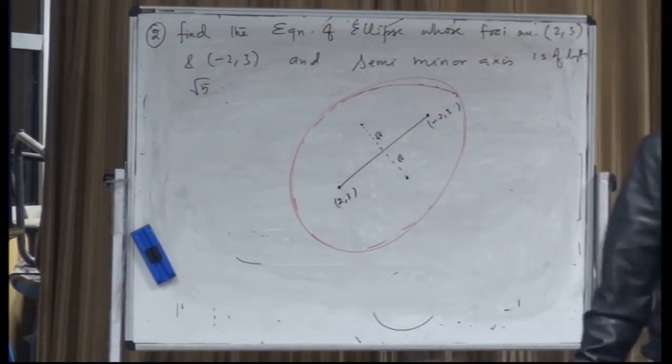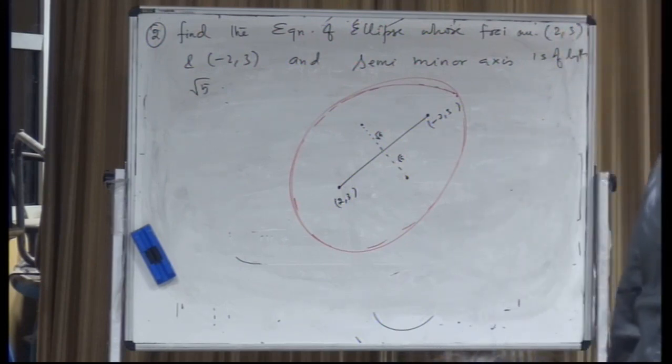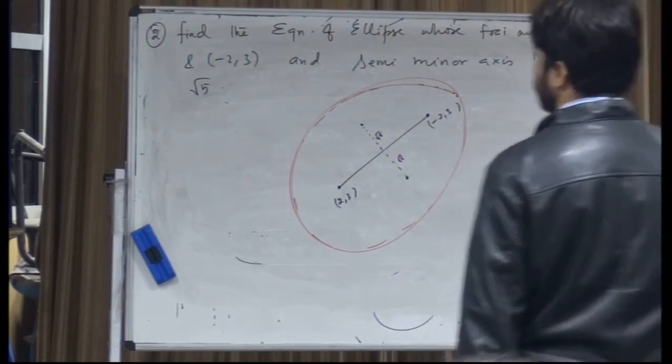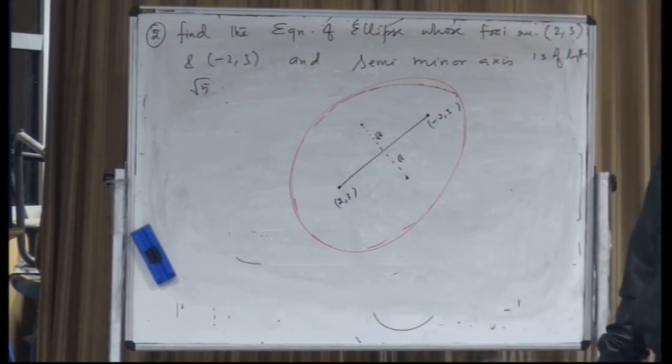What two things you need for writing an ellipse? You need directrix and foci. You need directrix and foci.